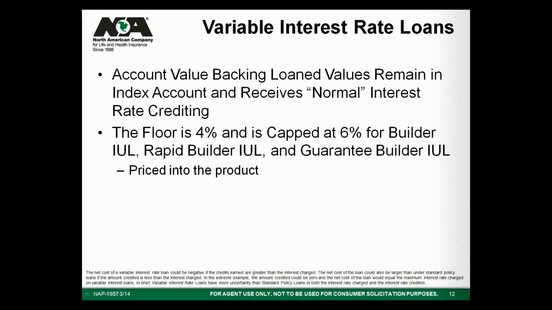So if we're running an illustration showing a loan, retirement income supplement or whatever scenario, where we're showing loans coming out, and in 20, 25 years that other company is illustrating 4%, we're illustrating 5.8 with a cap at 6. Let's say that 25 years from now, when they start taking loans, interest rates are at 7 or 8%. Well, that's going to make a big difference from what the client saw in that illustration to what they're actually going to receive in a loan because of the higher interest rate.